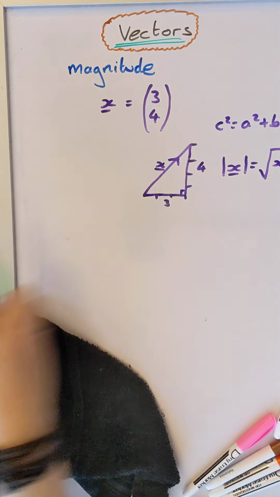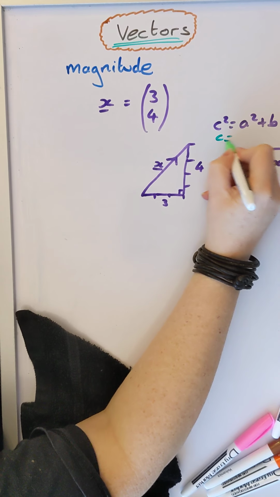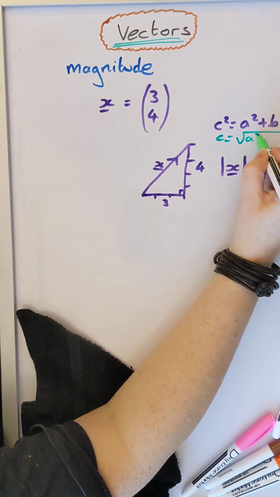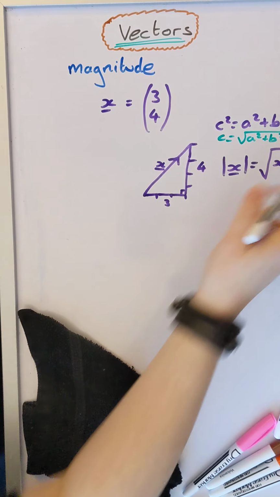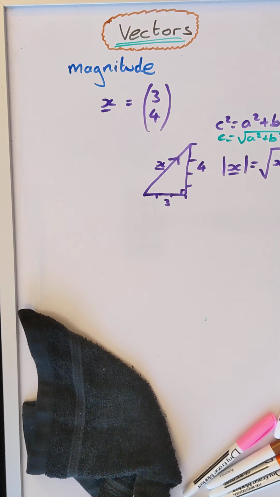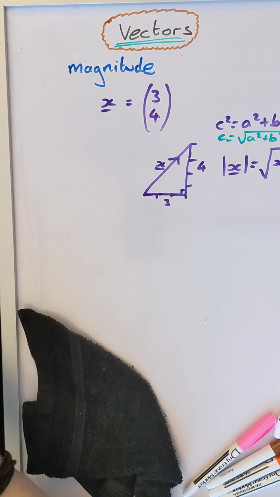You then take c as the square root of a squared plus b squared. So, in this example, we've got 3 and 4.